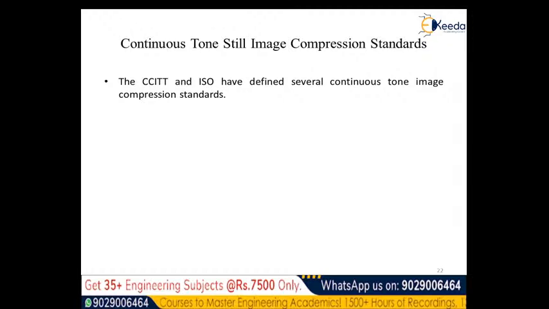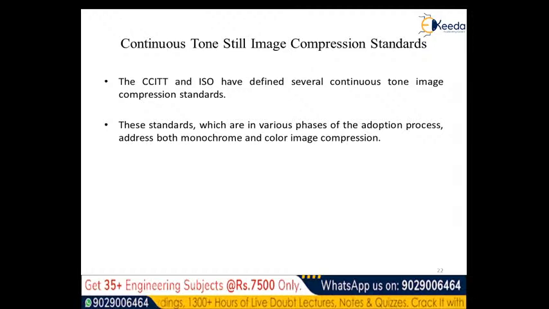They have defined several of the continuous tone image compression standards here, and these standards address both the monochrome image as well as the color image for compression purpose here. So I hope you have a better clarification regarding the monochrome image and the color image here. In the monochrome image, mono means single, chrome means the color here, as you compare it on the frequency range on the electromagnetic frequency spectrum diagram here.